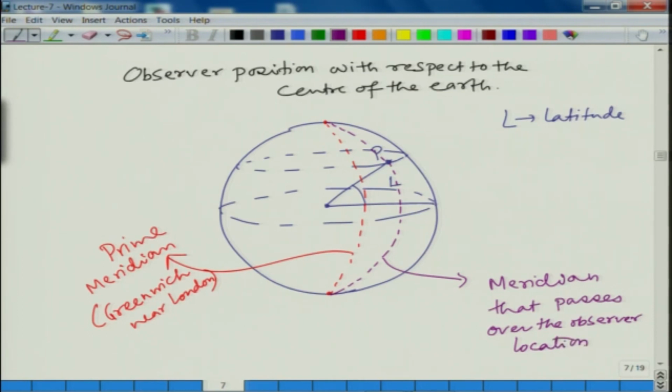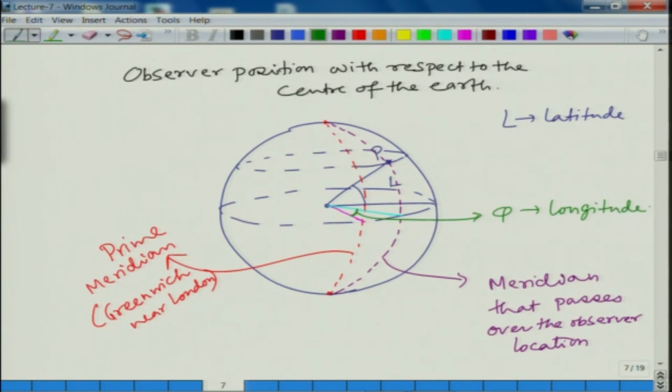The angle between these two lines, where one crosses the equatorial plane here and the other crosses the equatorial plane here, is our phi or longitude.